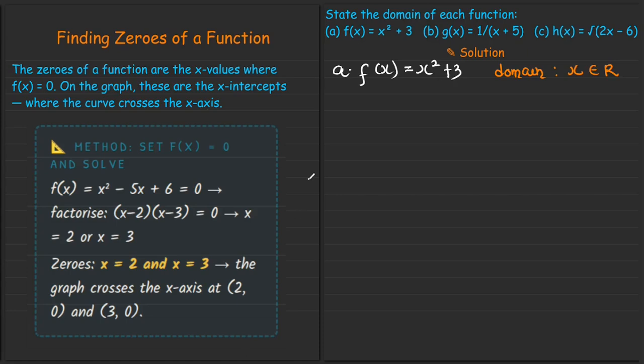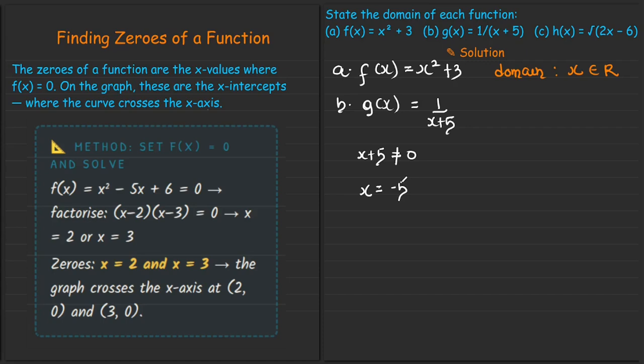The second one, that is b, says j of x is equal to 1 over x plus 5. Now this is where we can actually solve something. We know for a fraction, the denominator can never be what? 0. So the domain of this function should be such that anytime we evaluate the denominator, which is x plus 5, it should not be equal to 0. We will now have to make x the subject. So making x the subject, we have x equal to what?